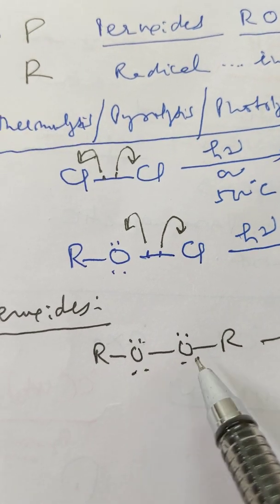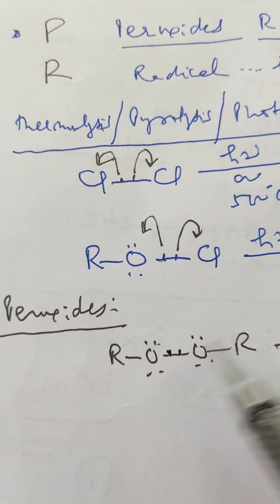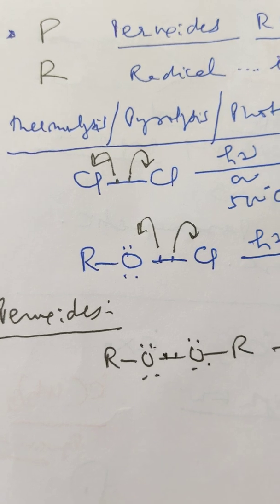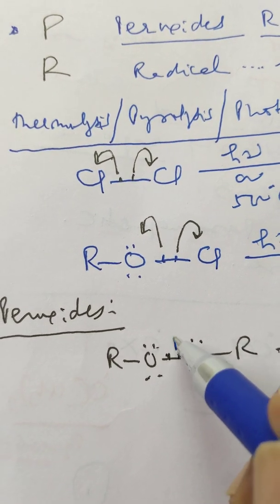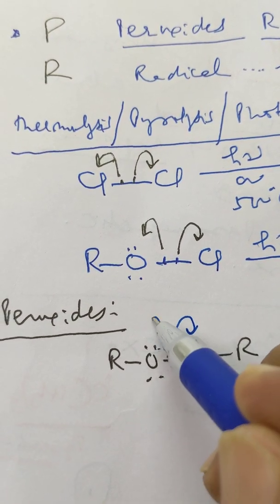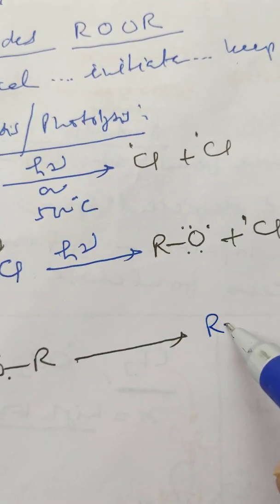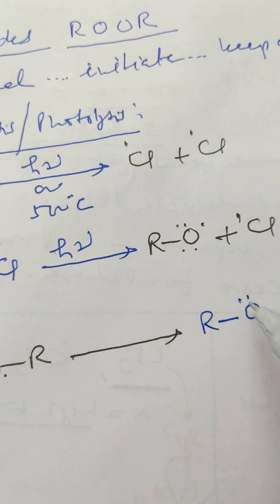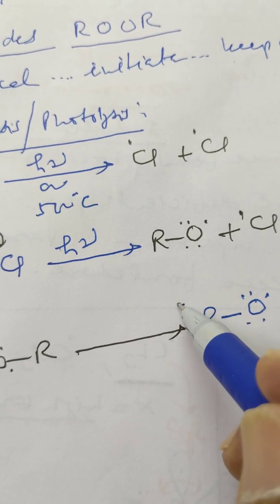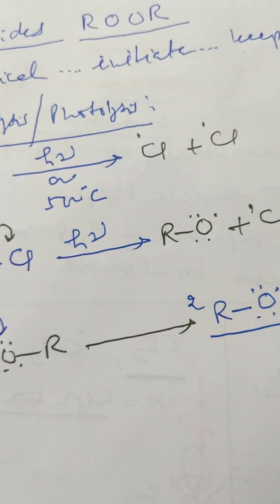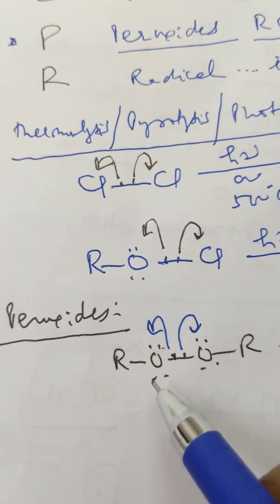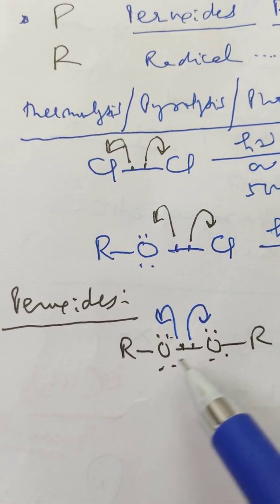There is a repulsion between these oxygens, and this undergoes homolytic fission. It takes up its own electron, this takes up its own electron, and as a result of this, what is the radical formed? Alkoxide free radical is formed. Two alkoxide free radicals are formed. Normally for this purpose we take benzoyl peroxide and like that.